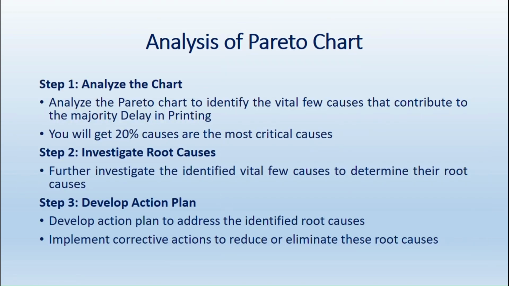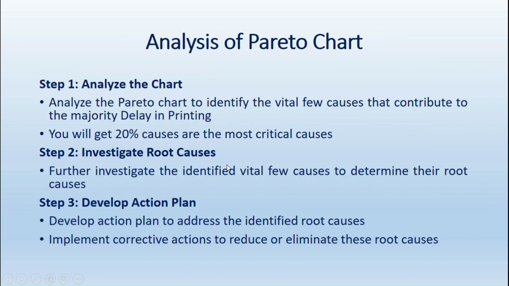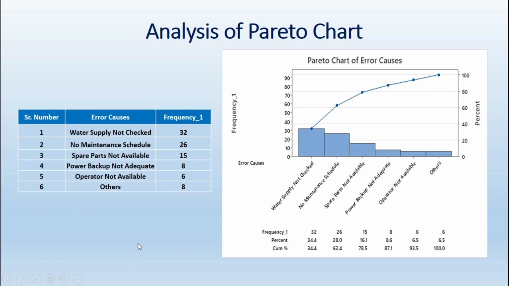So when you further investigate this chart, especially these three main causes, then you will find that there are sub causes behind each causes which are actually impacting the main causes. These sub causes are water supply not checked, no maintenance schedule, spare parts not available, power backup not adequate, operator not available, and there are few more sub causes which I have not mentioned here, and their frequencies are there in this column.